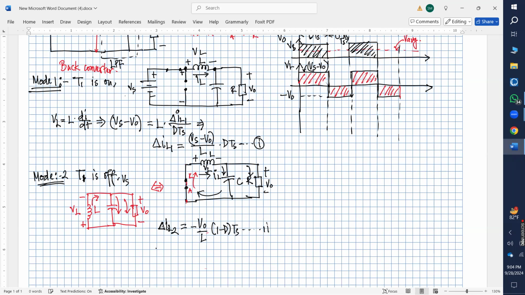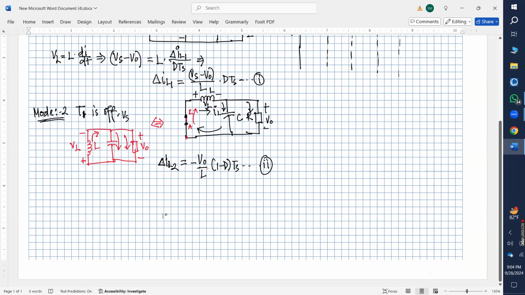We have explained how we got this current, so I am not going to derive that again. But we had two assumptions. The first assumption was my del IL should be 0 over the switching time period, right?